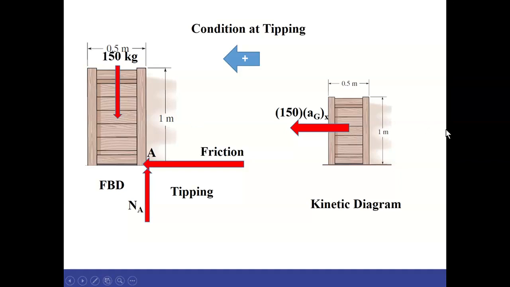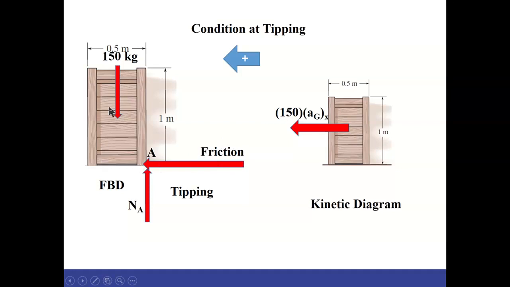From these diagrams, we are interested to know the acceleration, so we need to apply the appropriate equation of motion. If you apply the sum of forces in the horizontal direction equal to this acceleration, we don't get anything, because we don't know friction as well.